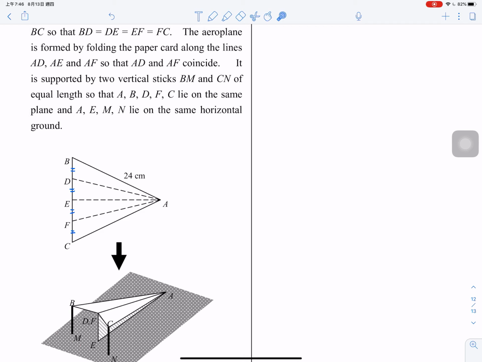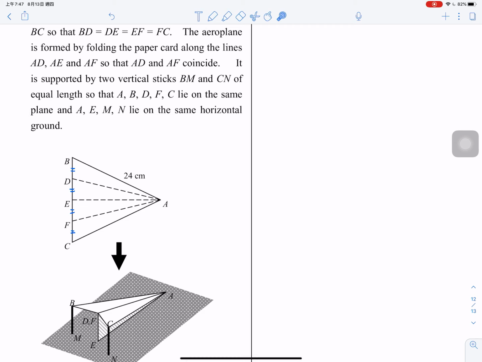It is supported by two vertical sticks, BM and CN, of equal length, so that A, B, D, F, C lie on the same plane. Two sticks with the same height or equal length make this plane.